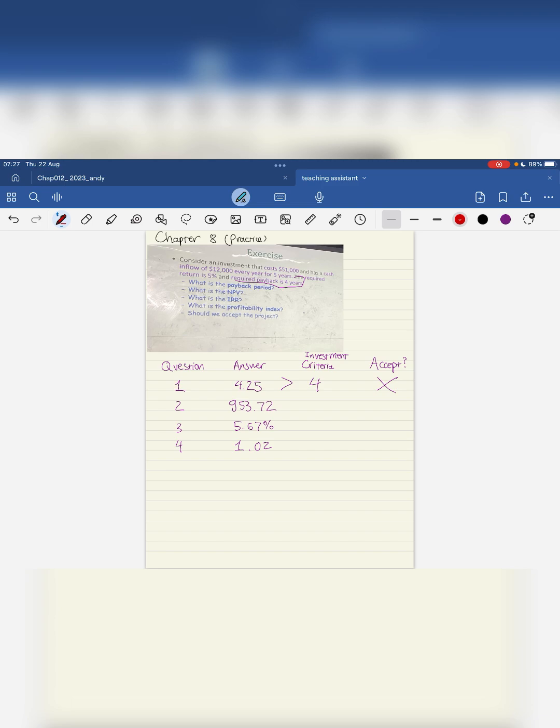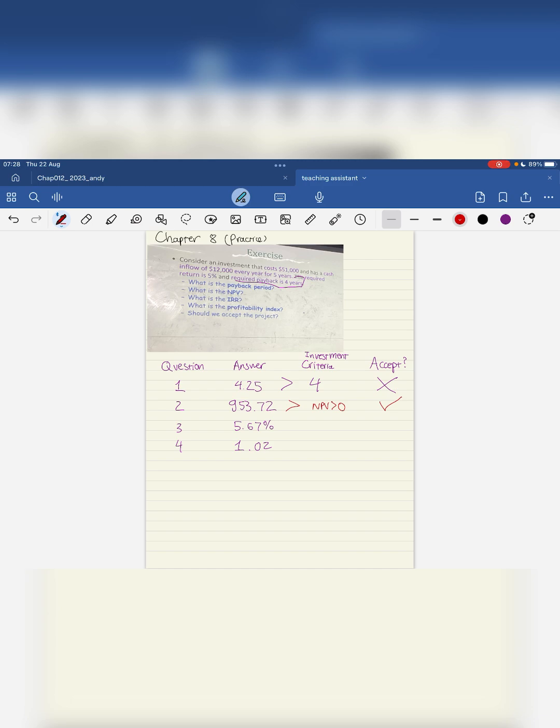For question 2, the investment criteria is that anytime the NPV is larger than 0, we will accept the project. And since the net present value we calculated was 953.72, which is a lot greater than 0, we accept the project. Third question, IRR equal to 5.67%.